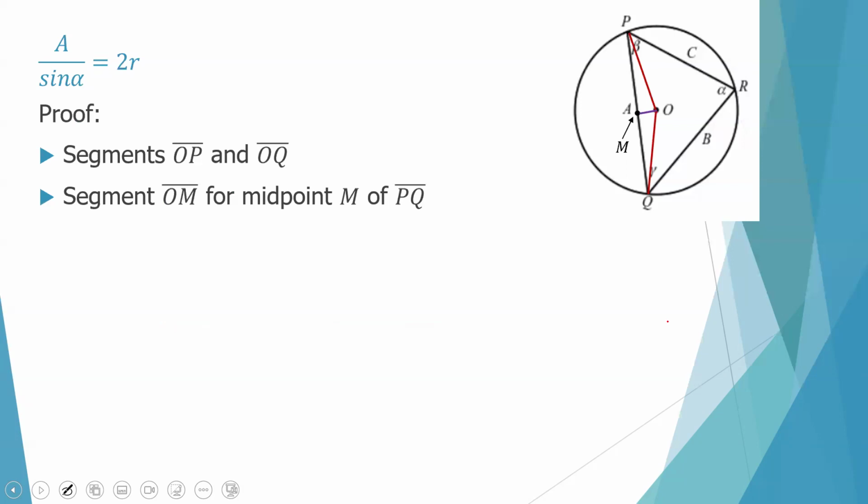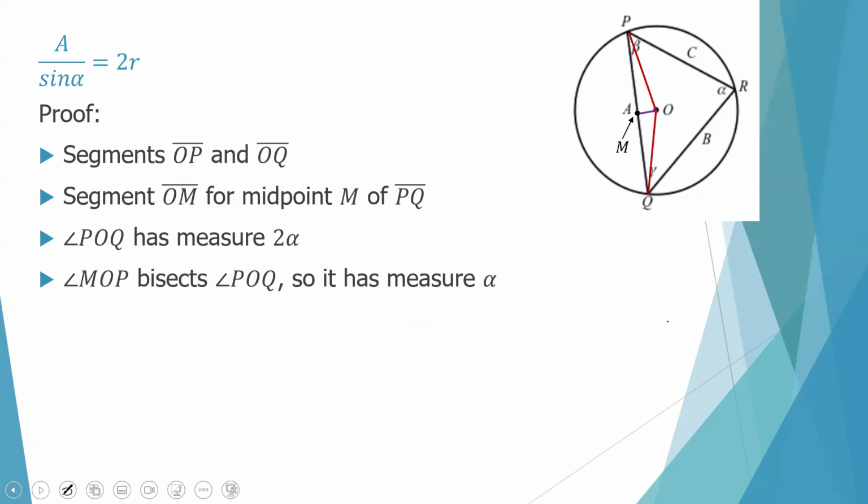The midpoint of PQ is M. So angle POQ, or angle O going down, has a measure of 2 alpha. And MOP bisects POQ, so it has a measure of alpha.